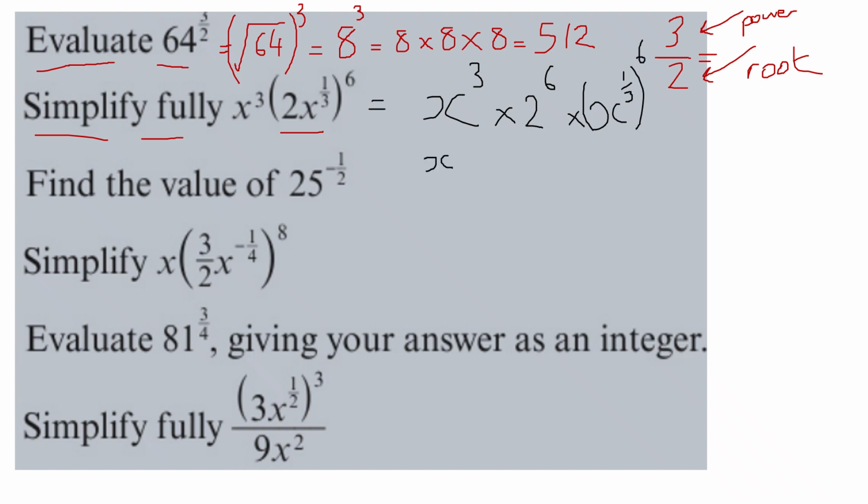So we're going to have x cubed multiplied by 2 to the 6. Remember 2 to the 5 is 32, so times it by 2 or double it, get 64, and I'm going to multiply that by, I've got a base raised to a power, raised to another power, guys. What do I do? Well, in this case, I'm going to multiply the powers. So a third times 6 is just 2, right? Because you have 6 thirds.